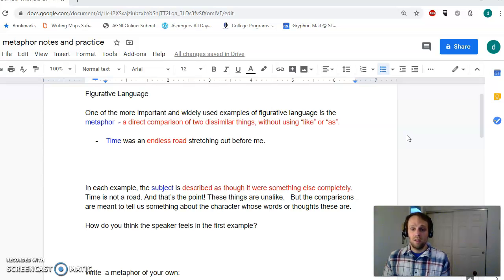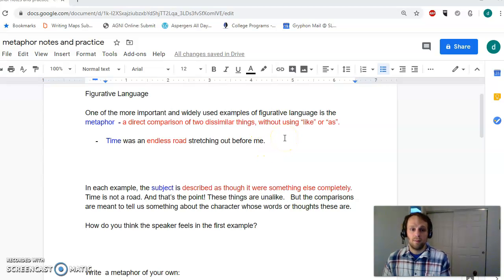For example, the sky was falling, or time was an endless road.